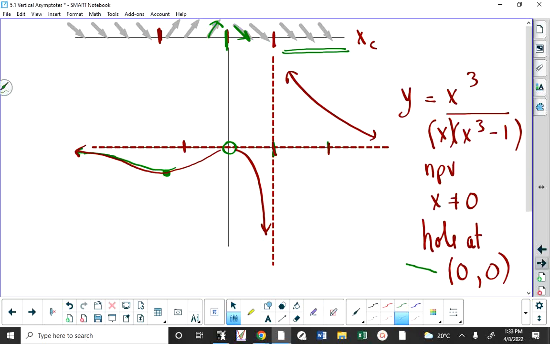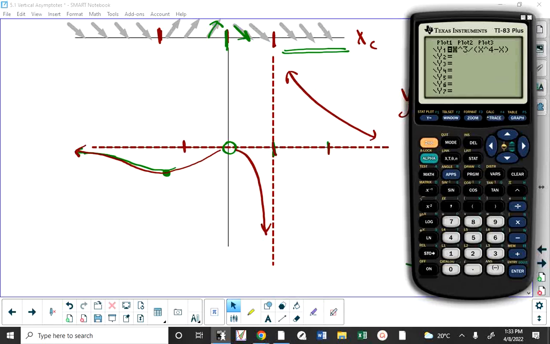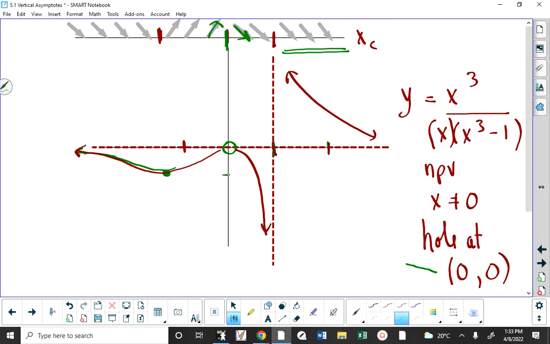We can take a look at what this graph looks like. I know I asked you to put this into your graphing calculator for y1 so that we could look at the table. I think we were doing that for the left and right hand limits. But now we can set up our window settings to kind of match what I have here. If this is -1/2, then this is -1. I'm going from about -2 to 2 vertically.